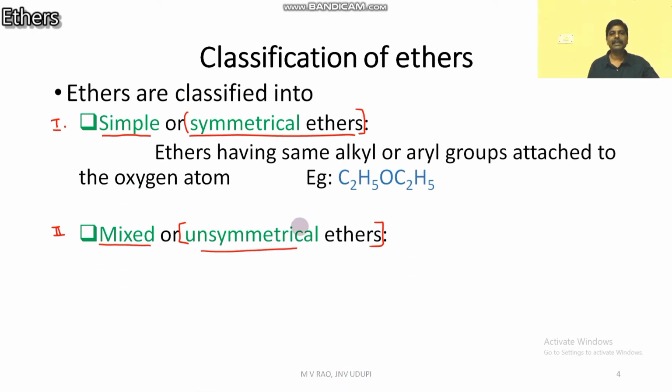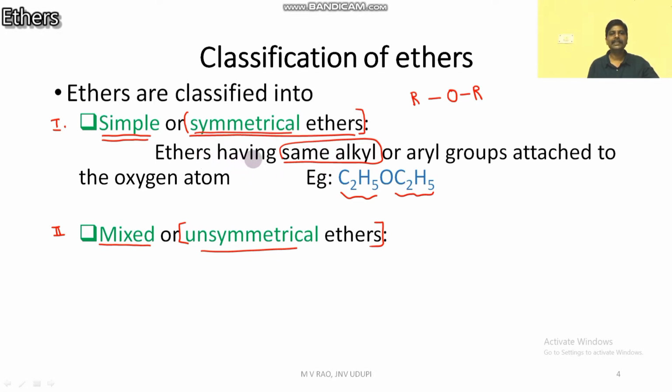What are simple ethers? Both the alkyl groups are same. In ethers, functional group is O. If both are same, both are R, then it is called simple ether or symmetrical ether.